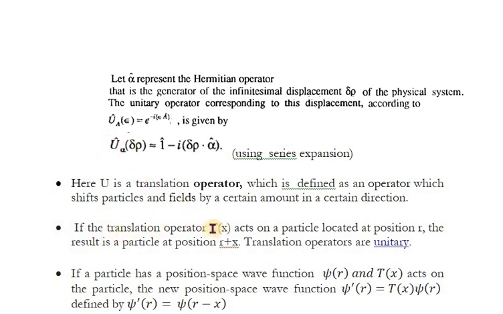For T of x, it moves along the x direction. T of x acts on a particle located at point r. The result is a particle at point r plus x. Then after the translation, the position will be r plus x. Translation operators are unitary. We have already seen this.